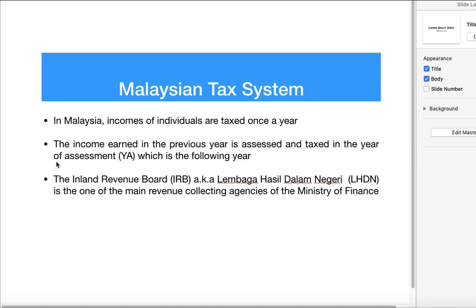Next, we move to page 66, Malaysian tax system. So in Malaysia, incomes of individuals are taxed once a year. The individuals here are referring to all employees in Malaysia. So we are taxed once a year.